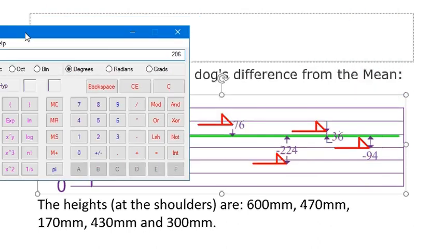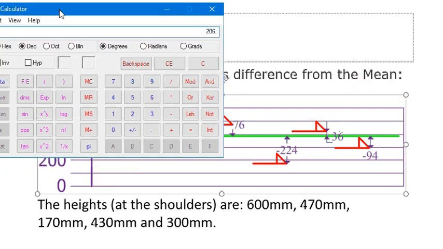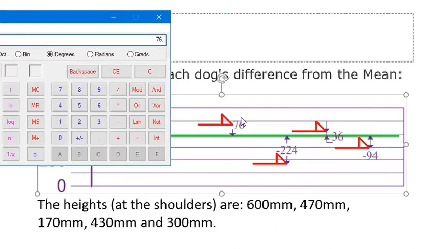So for the next dog, look at the difference from height to the computed average: the height of the dog is 470 minus 394. So we have here 76. So the computed difference here from height to the average is 76.